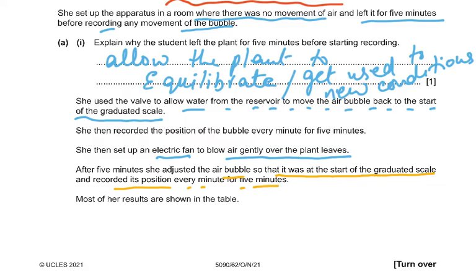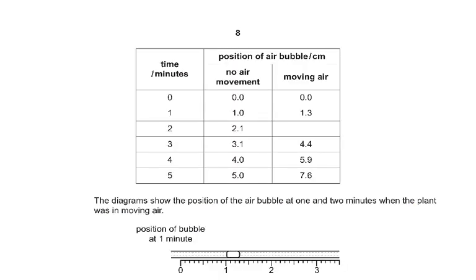Now this is with the fan and that was without the fan. Most of the results are shown in the table. Now here is the table. So time, 0, no, 0 air. Then 1 minute, so remember it's after every minute. So at 1 minute it has moved 1 centimeter. Then in the air, it has moved 1.3 centimeter.